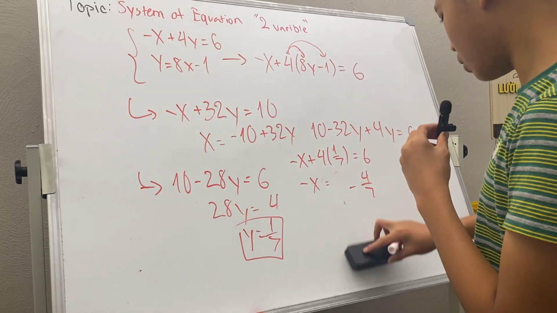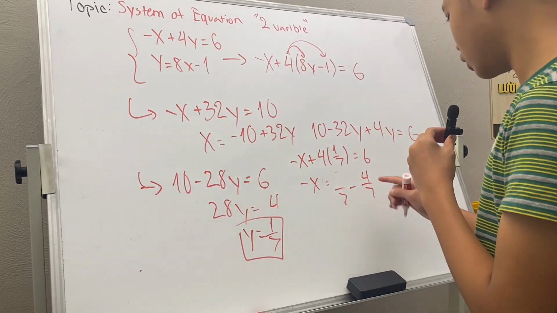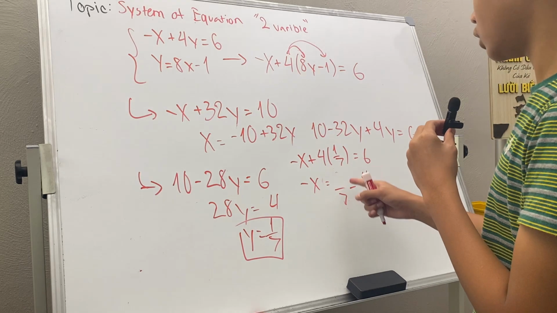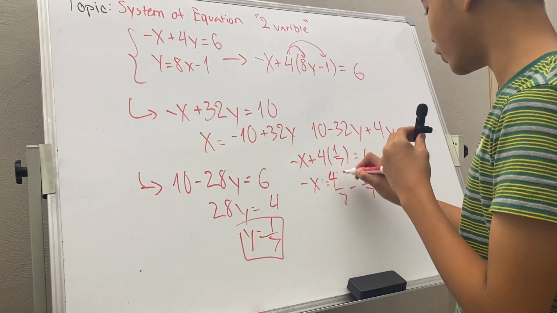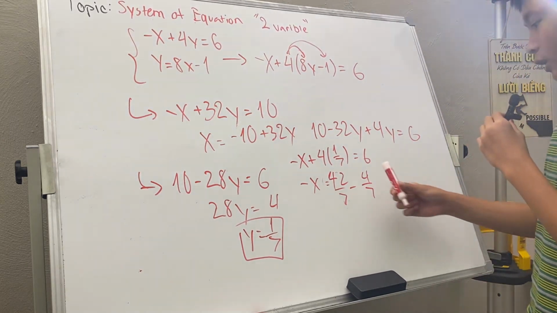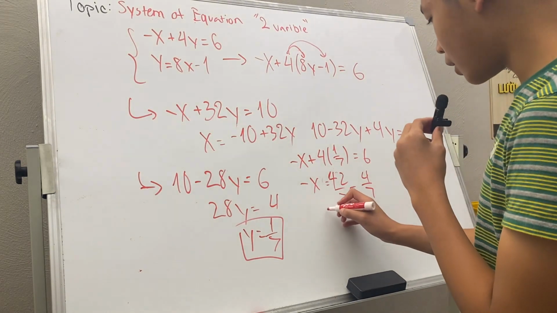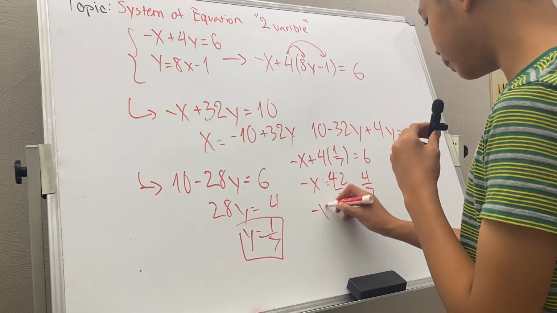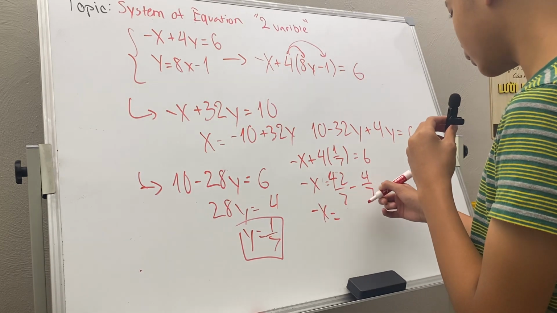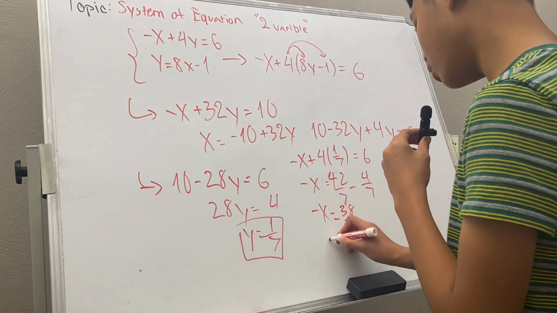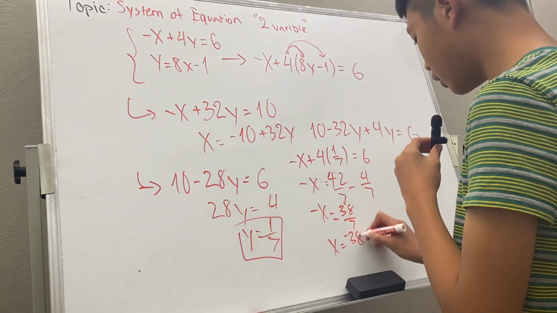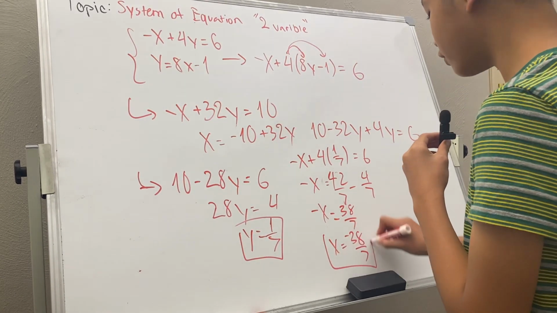Let's make the common denominator. 6 times 7 is 48. Nah, 42. Subtract this, and you get negative 38/7. That's our answer for x.